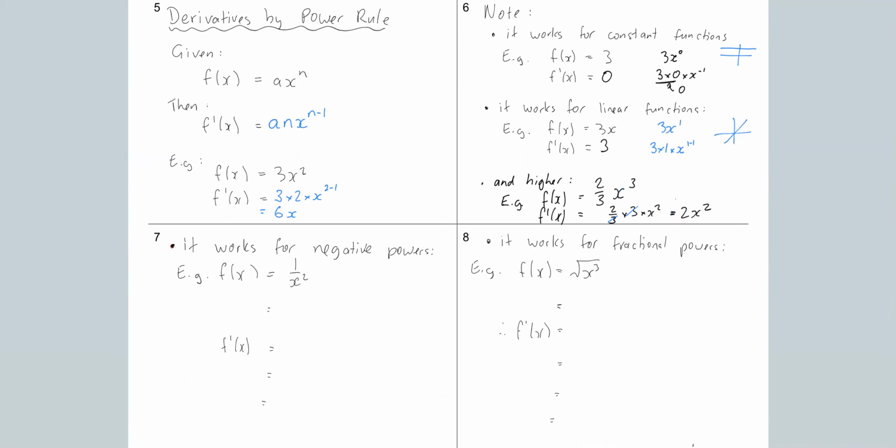Okay, I'll zoom out now so we can see it all at once, and I'll go down to what is called slide 7 there. We're going to look at negative powers in the next video, but very briefly, if you have the variable on the bottom of a fraction, we can always bring it up to the top, because remember that 1 on a to the power of n is equal to a to the negative n. That's why we did our index law review last week, or the week before.